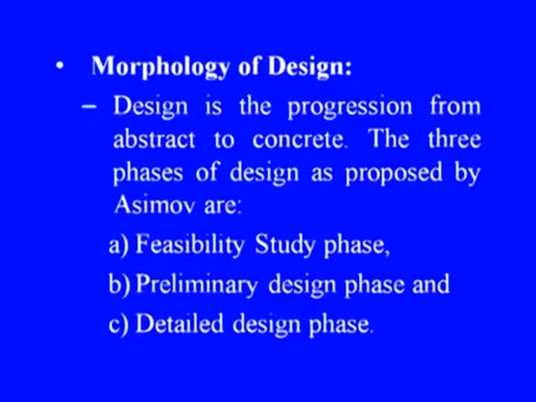Next is morphology of design. Design is the progression from abstract to concrete. The three phases of design as proposed by Asimov are the feasibility study phase, followed by the preliminary design phase, and finally the detailed design phase.